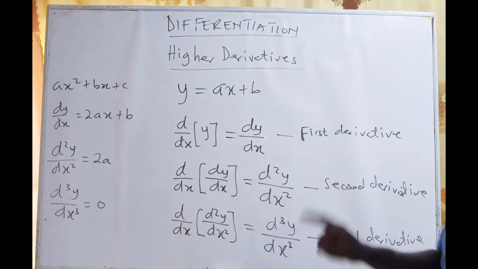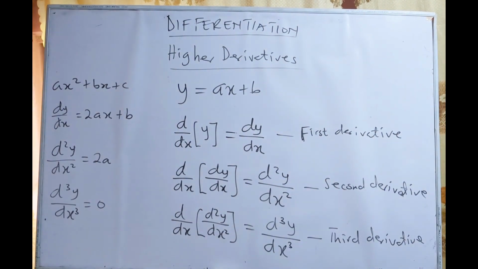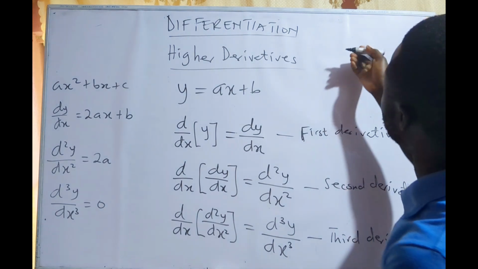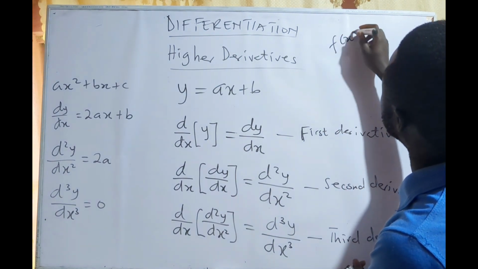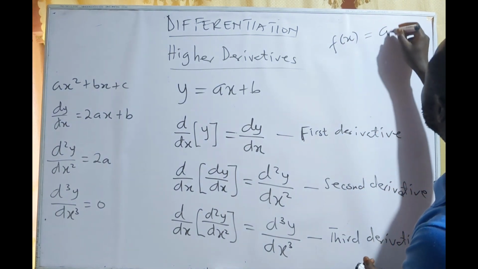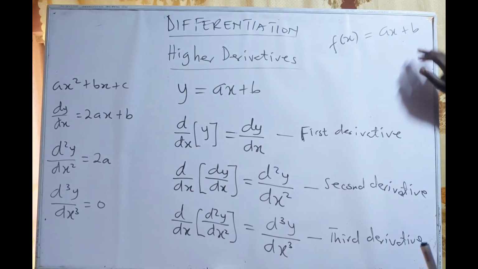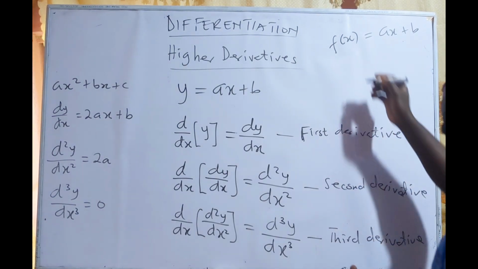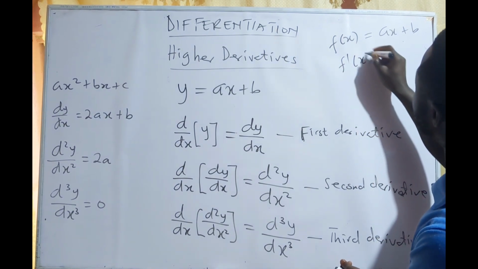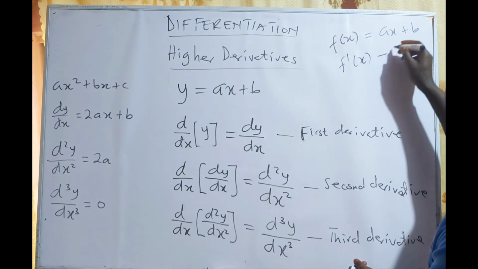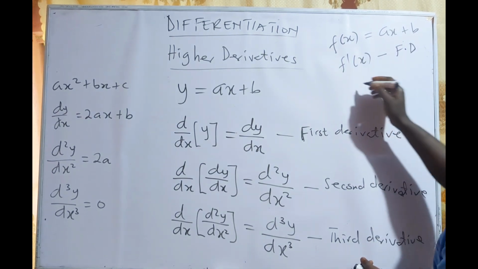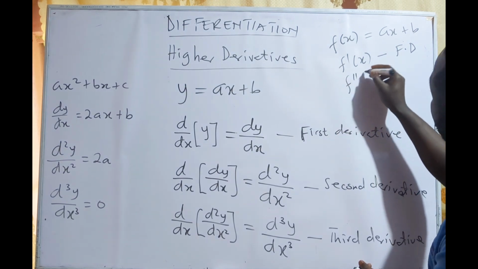Then, what we have to also take note again is that I can write my function f of x. Let's say it will also be equal to ax plus b. All right, if my function is f of x, we know that the first derivative is f prime of x. Then the second derivative is f double prime of x.